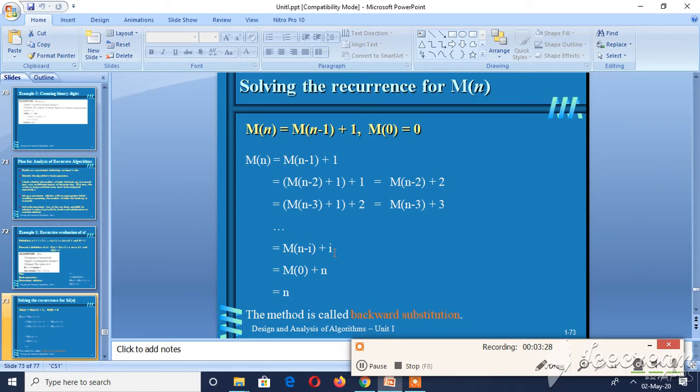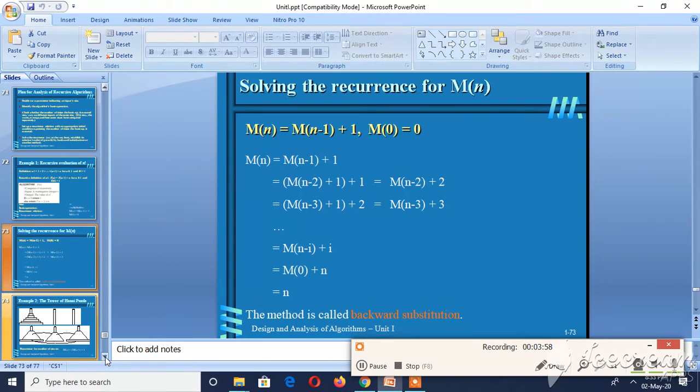In backward substitution, you have to subtract the i value from n, and then you have to add the value of i. So remember students, for backward substitution you subtract the i value from n, and you increment with the value of i. So this method is called the backward substitution method.